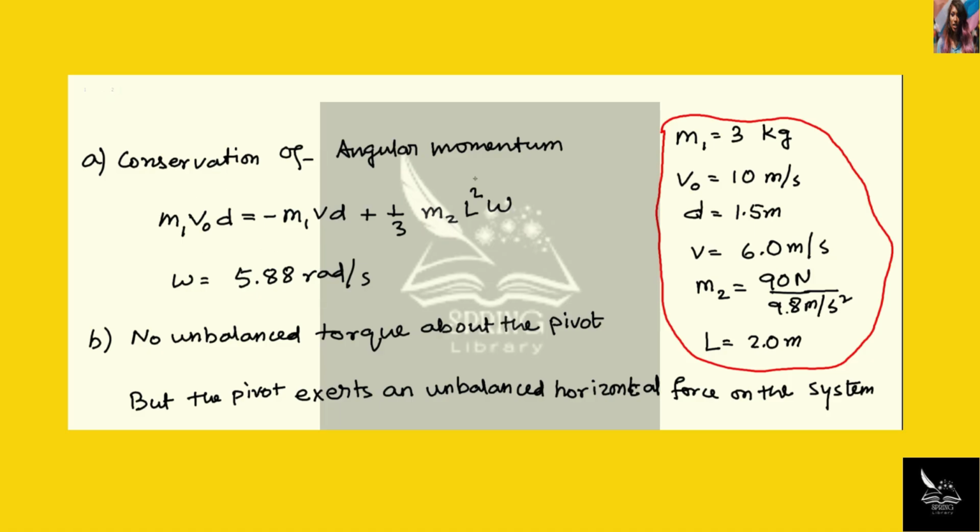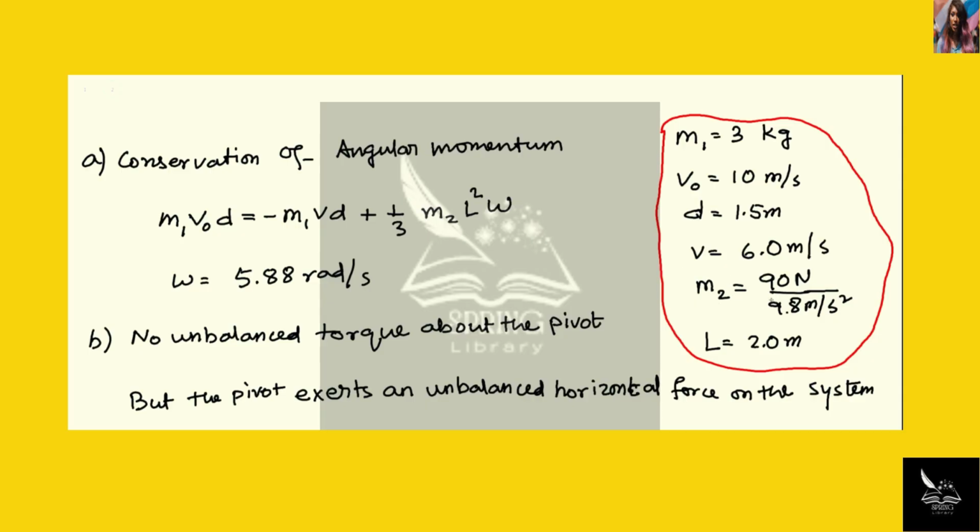So if we do so, and then solve for omega, where omega is the angular speed of the bar, we're given m1, we're given the velocity before collision and the velocity after collision. We're given the point where the metal ball hits, and we're given the weight of the metal ball.